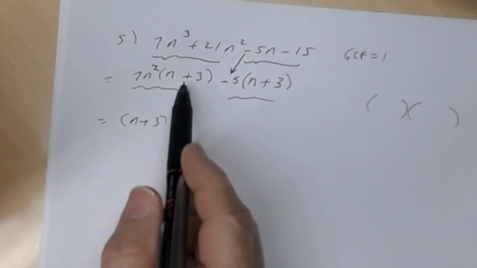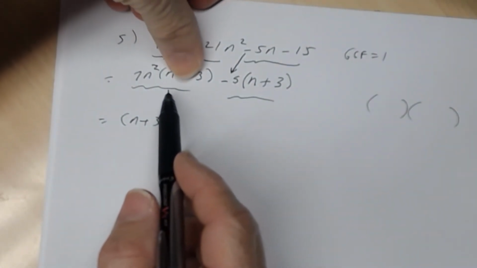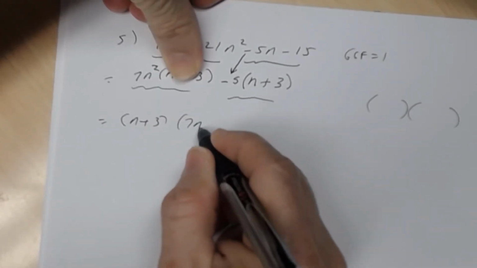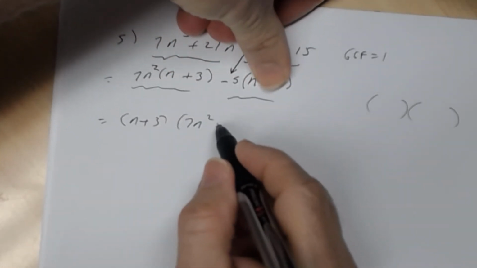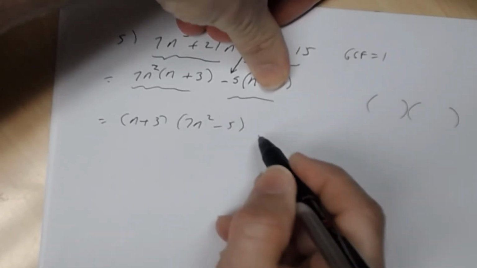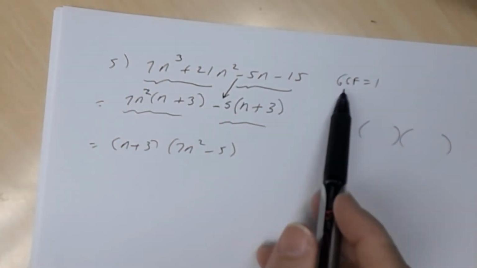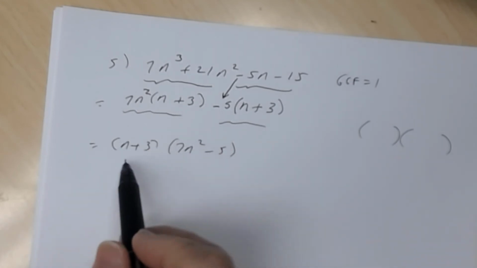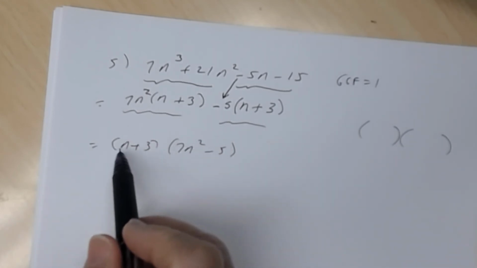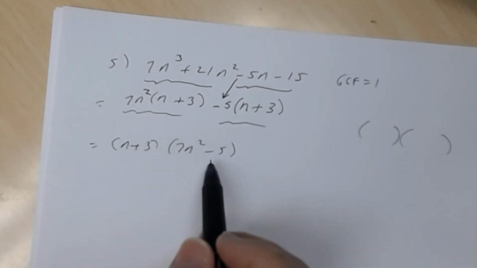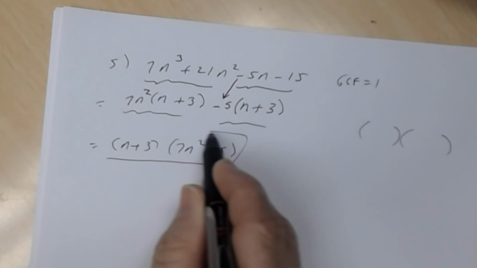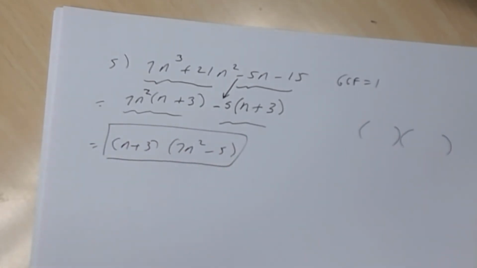When I factor out the n plus 3 from each group, I'm left with a 7n squared, and factoring out the n plus 3 here, you're left with a negative 5. All right, and again, just double check to make sure that your GCF is 1 for each factor. The GCF of n and 3 is 1, and the GCF of 7n squared and negative 5 is 1. So there's your answer. You have it looking like this.